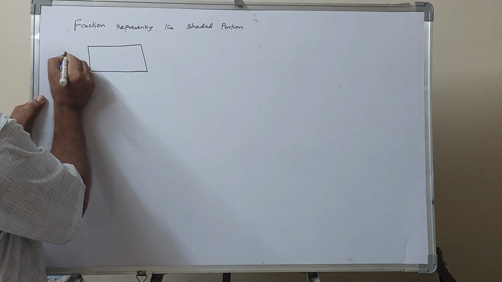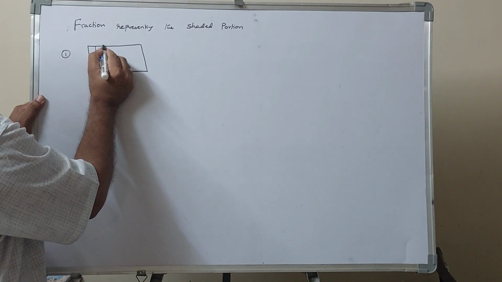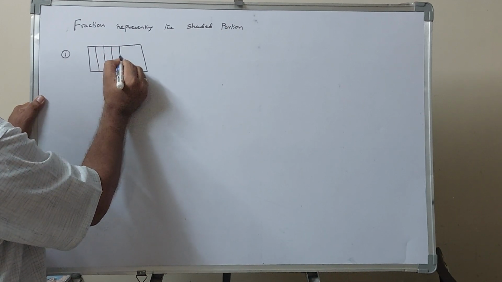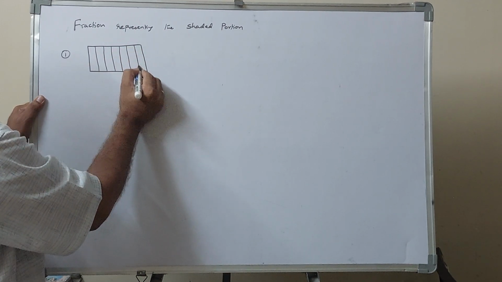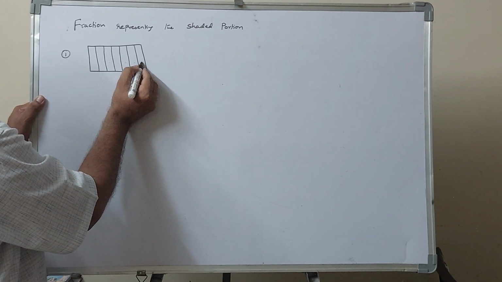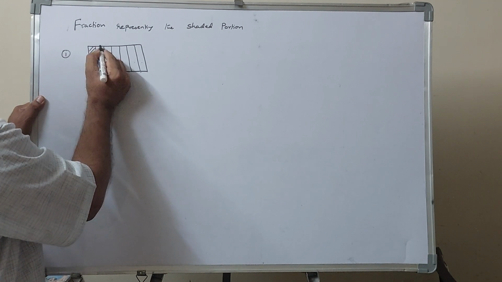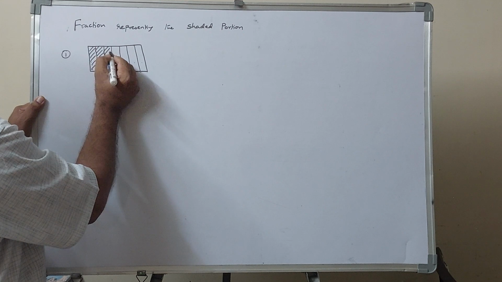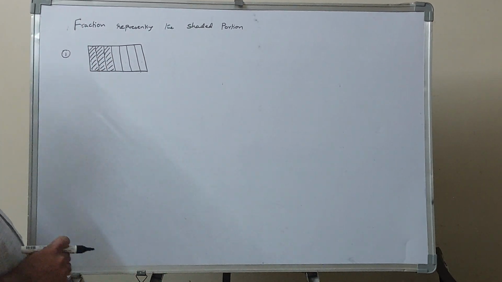Here the first question is given. Here you see 1, 2, 3, 4, 5, 6, 7. So if it was shaded like this, how to represent the shaded portion?